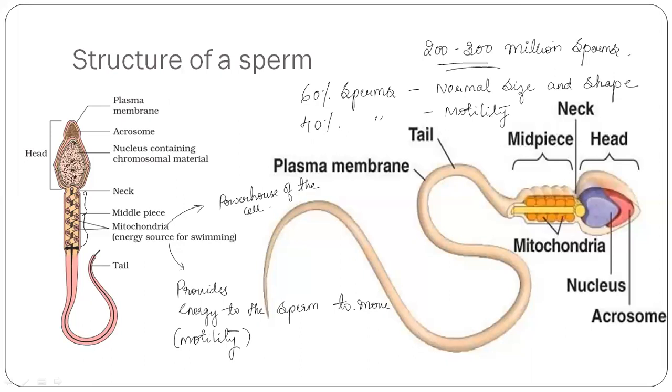So the different secretions by the accessory ducts and accessory glands are essential for the maturation and motility of the sperm. Who provides the energy? Mitochondria provides the energy.